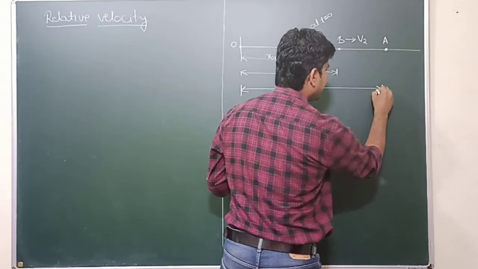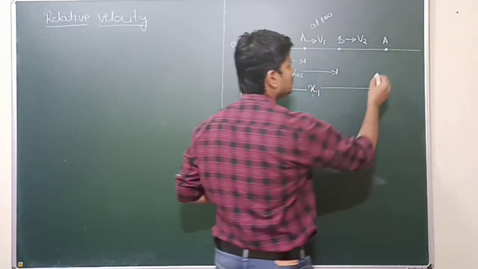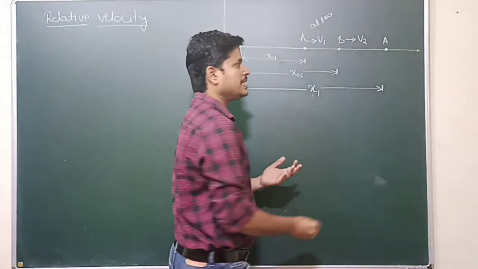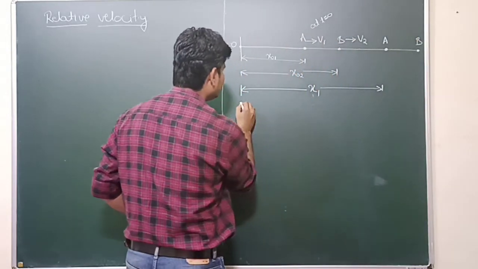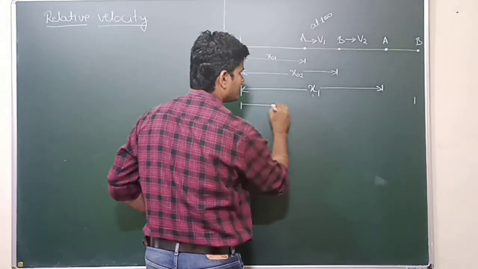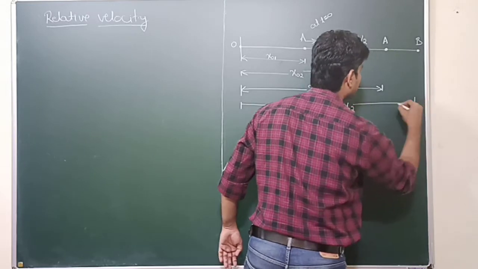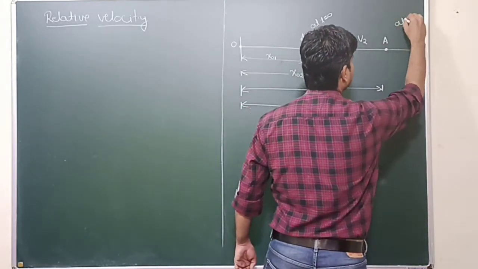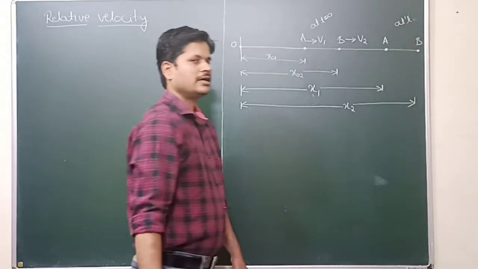Remember, x1. Now the object B, after the time interval t, reaches this position, and that position from the origin is x2. Now these two are at a time t, correct?